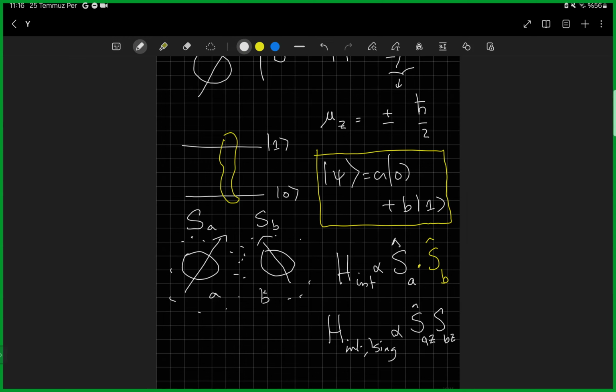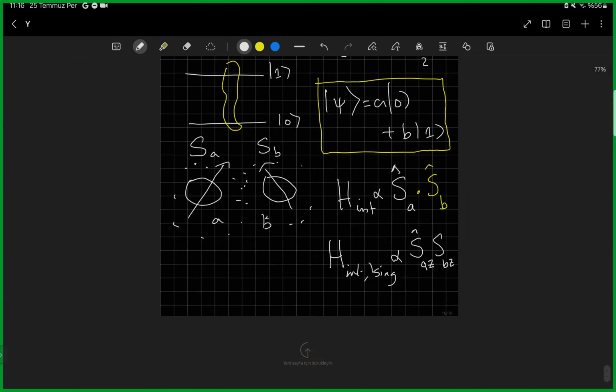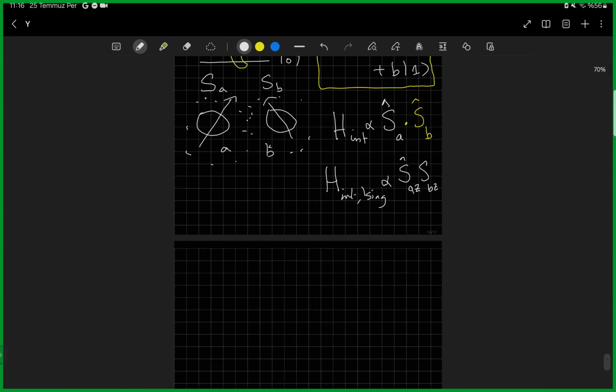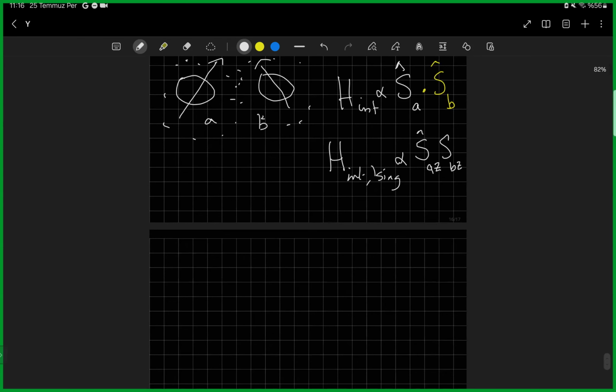For example, let me give you an example. Suppose I have a spin placed inside a magnetic field pointing along the z direction. This magnetic field lifts the degeneracy and changes the energy of the spin, therefore there has to be a Hamiltonian associated with it.